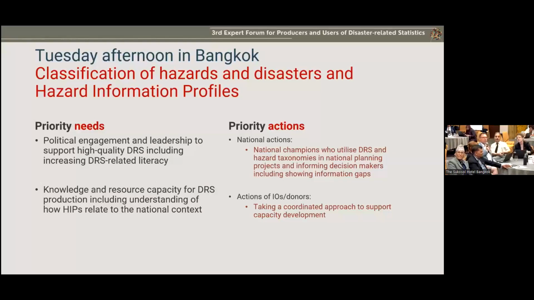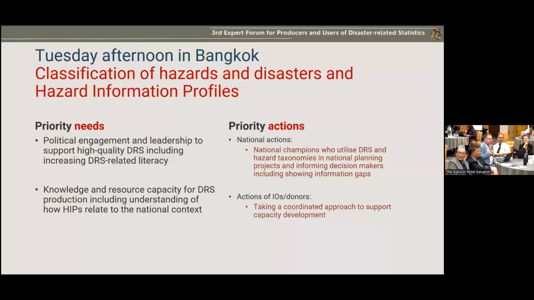And I think one big objective has been achieved with this workshop simply by informing participants about the existence of these hazard information profiles and how they can be used as a kind of backbone for developing disaster-related statistics, and what the benefits are for countries themselves, but also in the reporting towards international organizations, and all in all in the harmonization of this information. So I think this was a very important outcome. Simply to inform and then to engage in a discussion with country groups about the usefulness and about the challenges that are related to it.